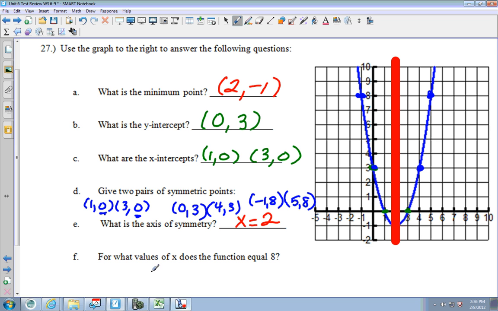Now it says for what values of x does the function equal 8? So I'll go up here to 8, and right there we already found it's -1 and 5. So it's when x is equal to -1 and x equals 5. That's what we found right here in those symmetric points.